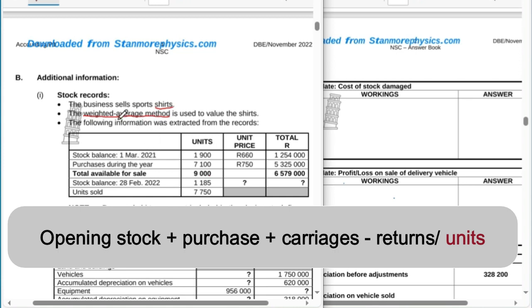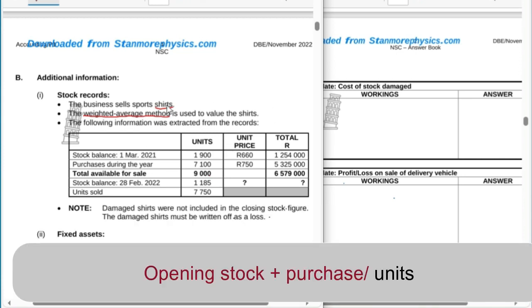We said, in order for us to be able to calculate the weighted average method, we need to have purchases. So in this case, we have our opening stock on 1 March 2021 as 1,254,000. And then we add our purchases, which is 5,325,000.